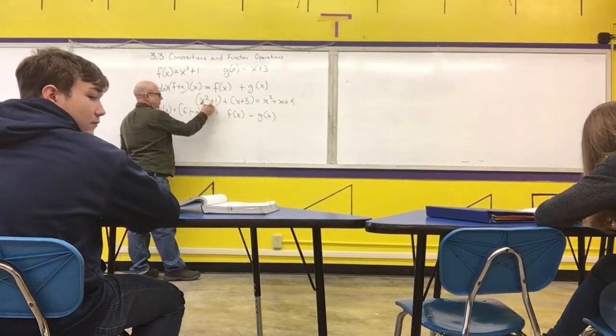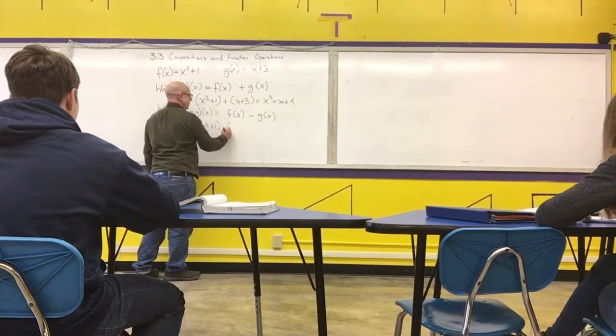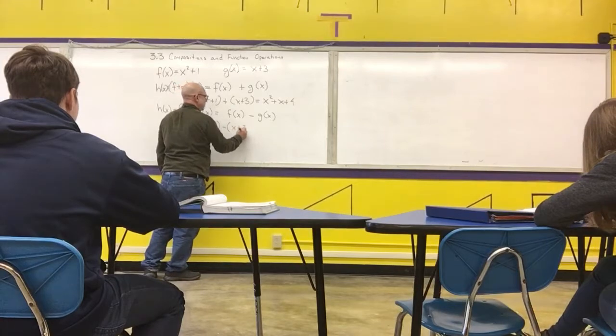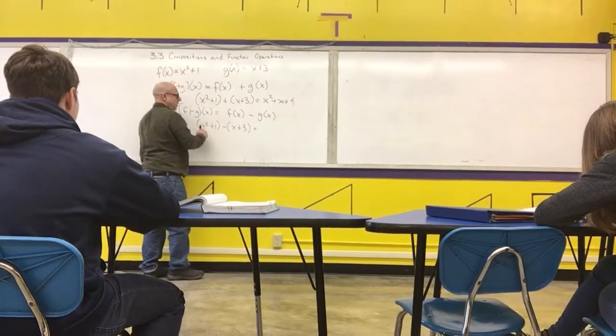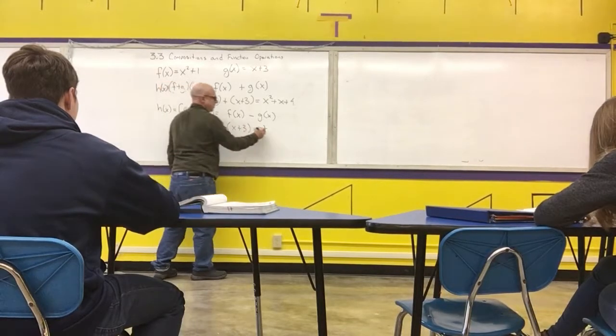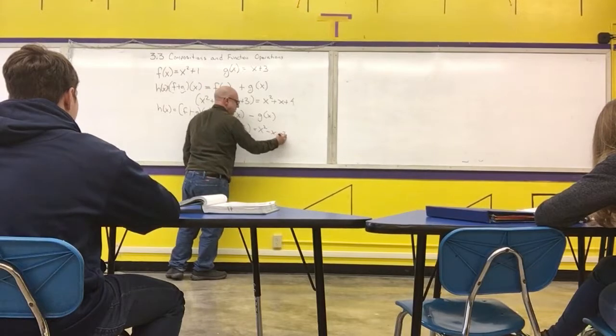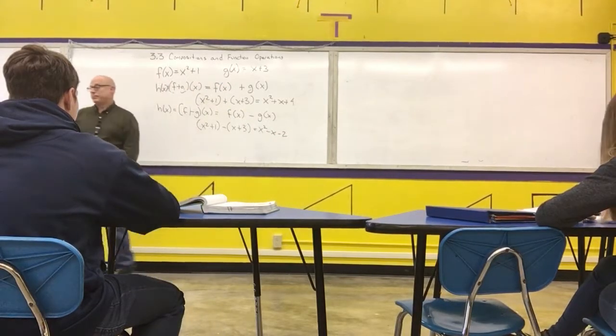So I write the first function down minus the second function. X squared is the only x squared. Minus x. 1 minus 3 is negative 2. And that would be my answer.